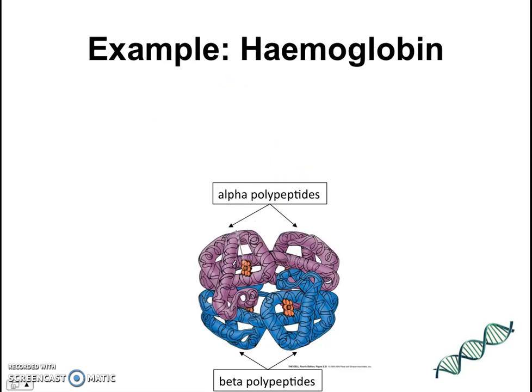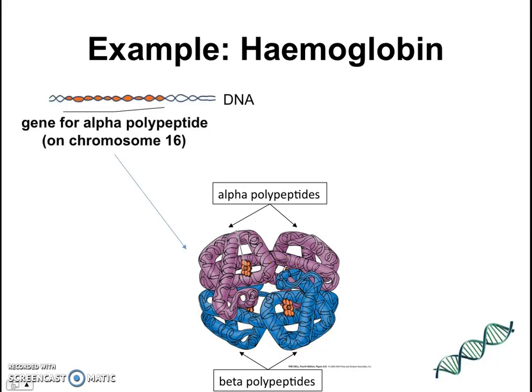Now, a second example would be hemoglobin, which is found in your red blood cells. Hemoglobin is a protein that is actually made up of 4 polypeptides. It's made up of 2 alpha polypeptides, these purple ones here in the diagram, 1, 2, and it's made up of 2 beta polypeptides, right? So 4 in total. Now, it turns out that there's a gene for this alpha polypeptide.